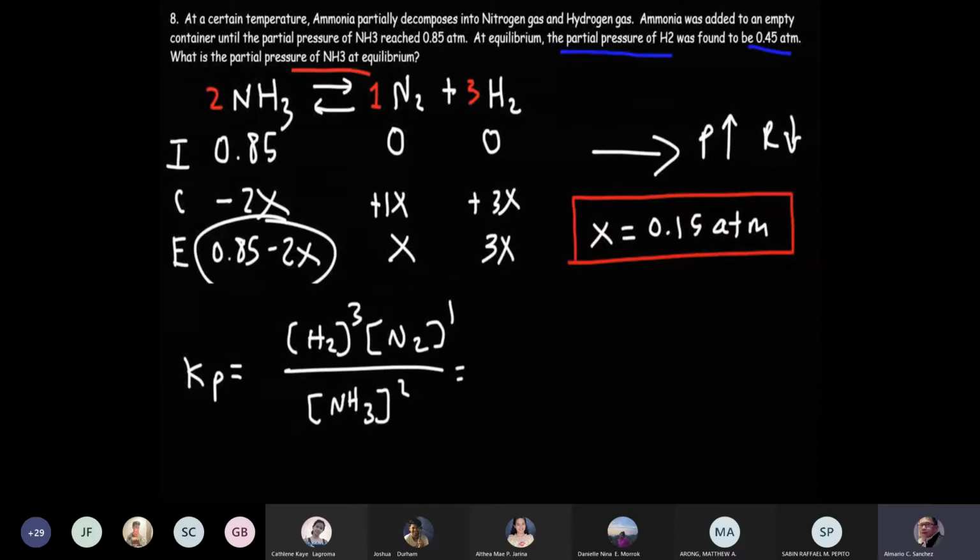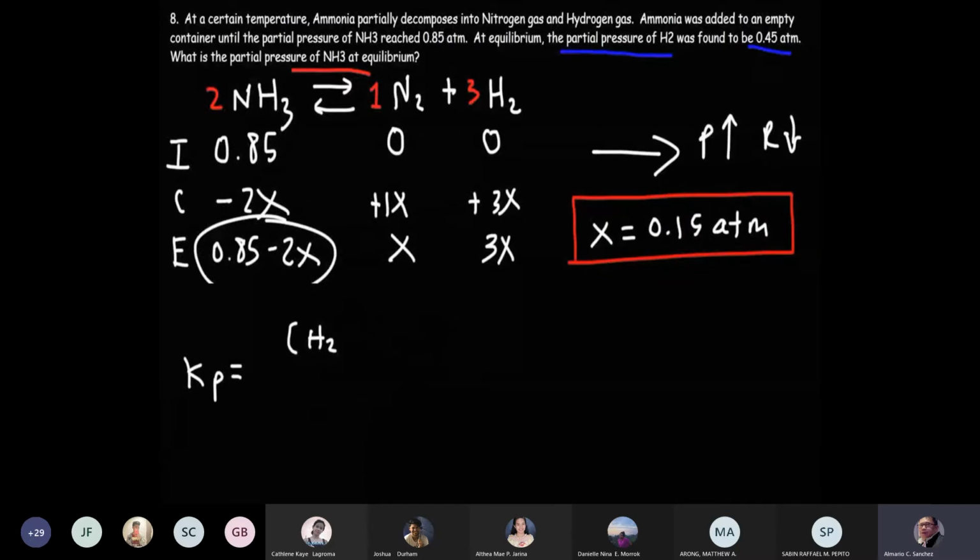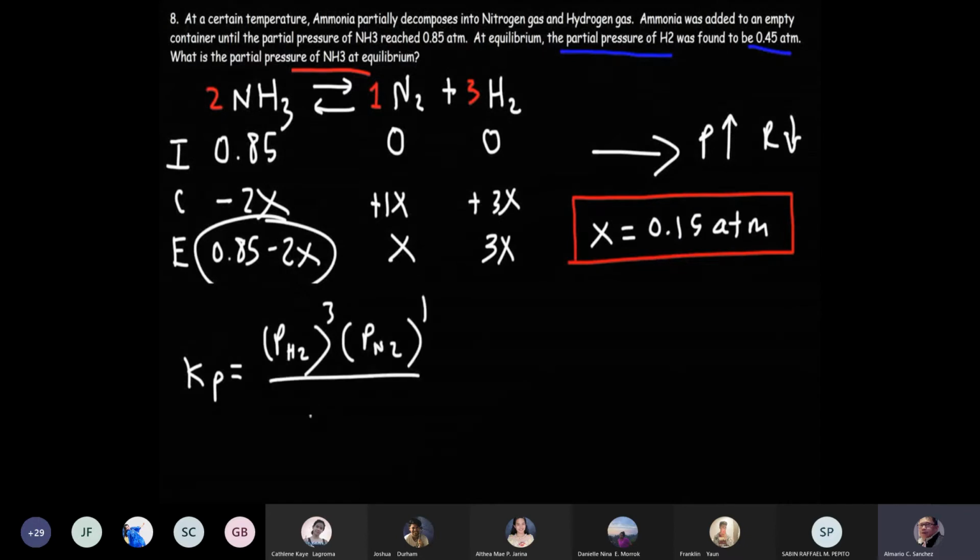It's products over reactants. Actually, I wrote this wrong. This should be the partial pressure of H2 raised to the third power times the partial pressure of N2 to the first power divided by the partial pressure of NH3 to the second power.